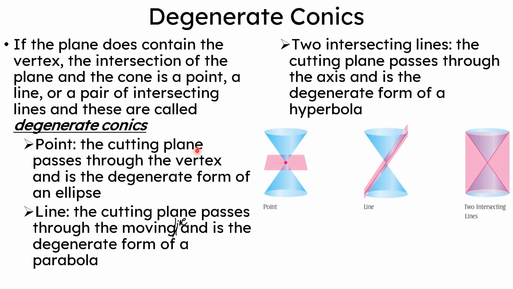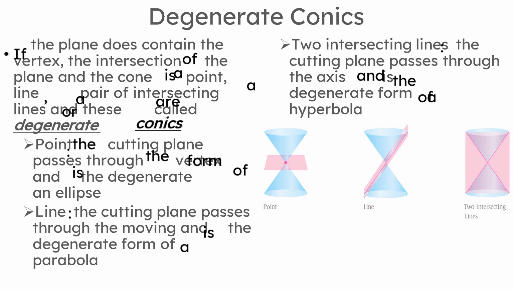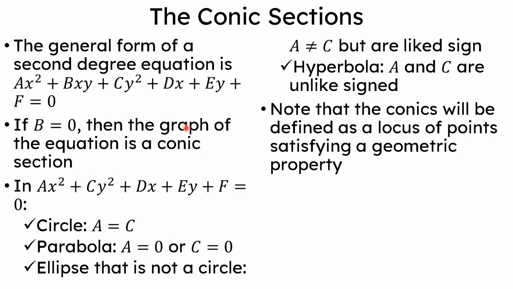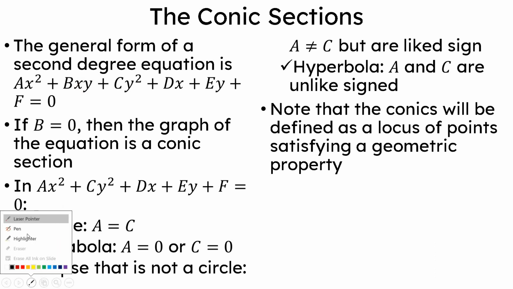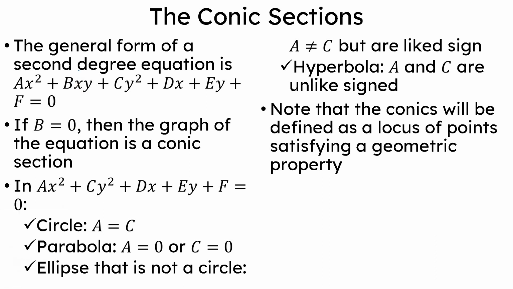Now that we talked about the geometry part, let's talk about the algebra part. In general, the general form of any second degree equation is ax squared plus bxy plus cy squared plus dx plus ey plus f equals 0. Yan ang general form ng kahit anong second degree equation, because this also has a degree of 2. However, once we have b equals 0, then this term becomes 0.